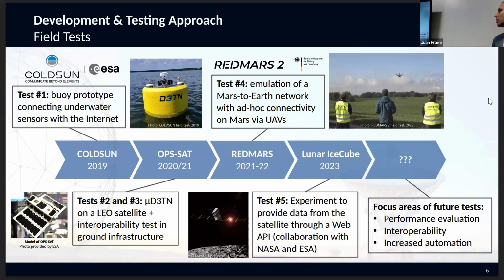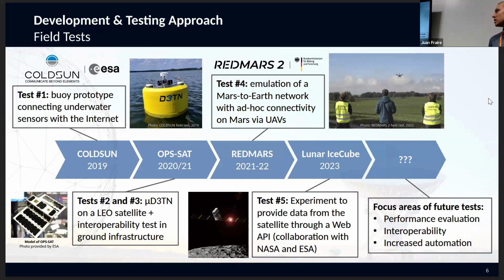There, micro DTN's job was to provide data delivered from the network that was spun up by Morehead State University, NASA, and ESA to the internet, and basically also provide web access to that data.